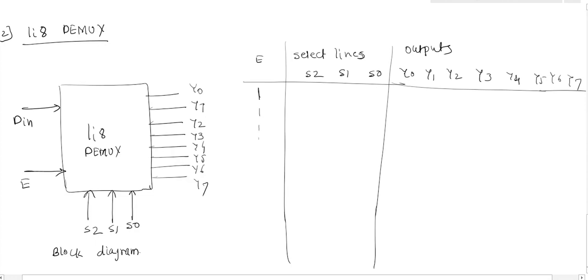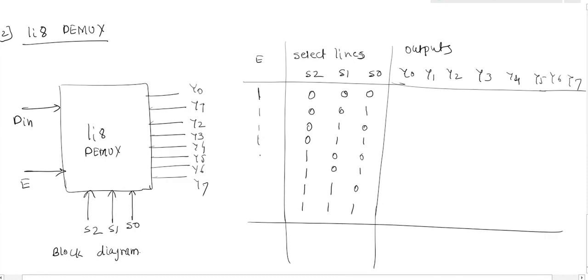With 3 select lines, the possible input combinations are 2 raised to 3, that is 8, from 0, 0, 0 onwards. Now for these possible input combinations, the outputs.